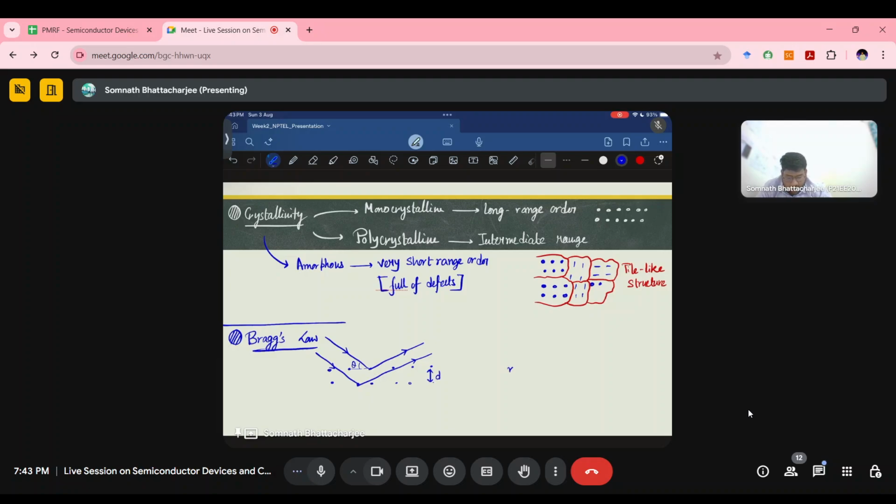So Bragg's law states that for constructive interference, n lambda should be 2d sine theta, or we can say the value of d would be n lambda by 2 sine theta.